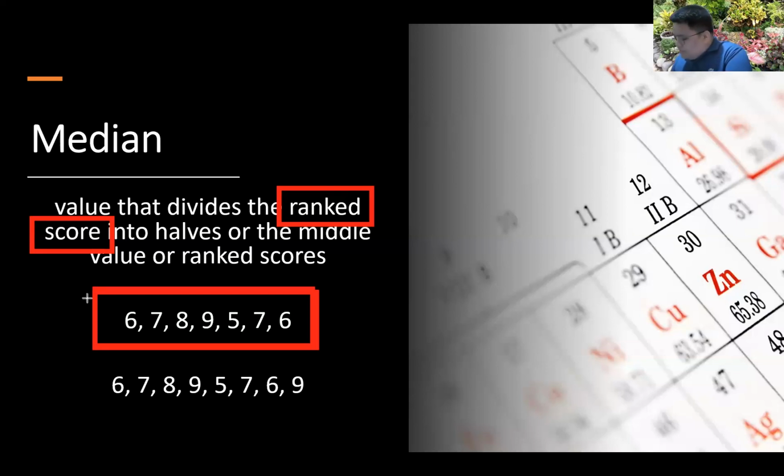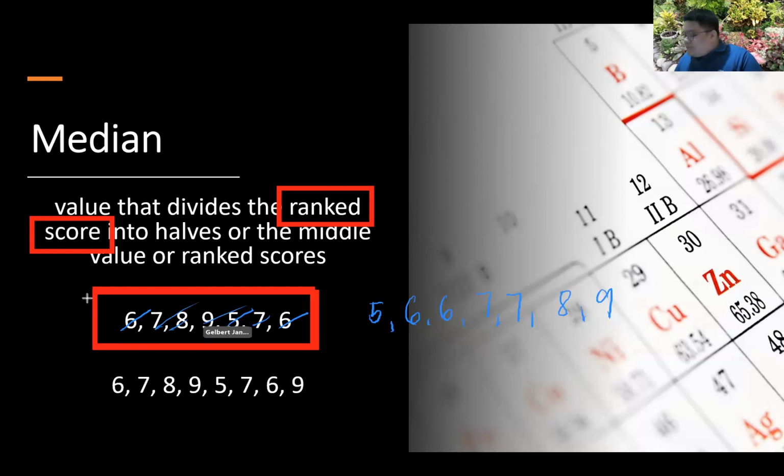So for this one, you have, let me pick a pen. Okay, so 5 is still here. So you have 5. Then may dalawa tayong 6, 6, 6. Then we have dalawang 7, 7, 7, 8, and 9. Okay, 8 and 9.